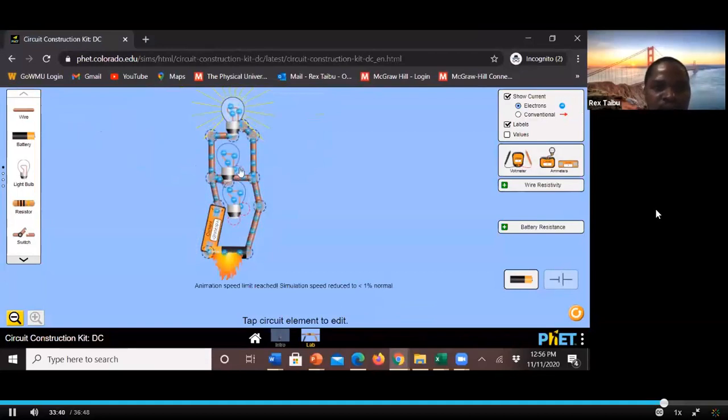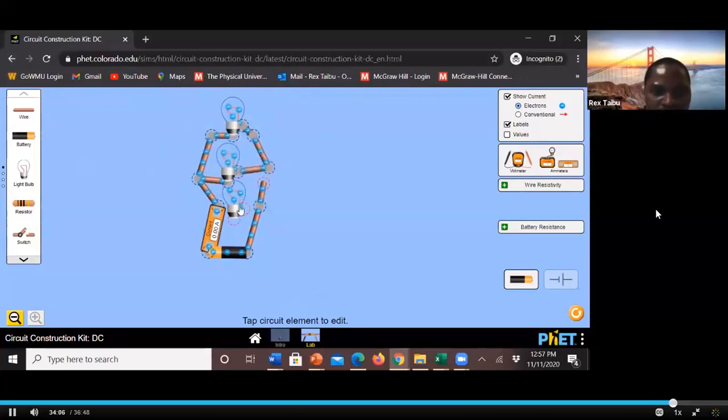Okay, so there's a disconnection somewhere there. Okay, this connects right there. Then take the wire from there to there.